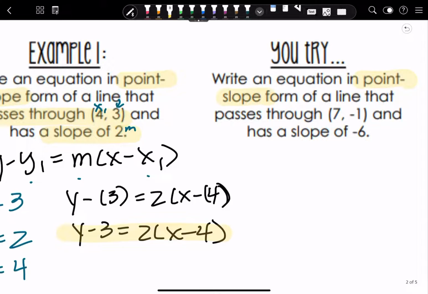Point slope form. They're giving us the point and has a slope of negative 6. Okay, well, let's drop it in.